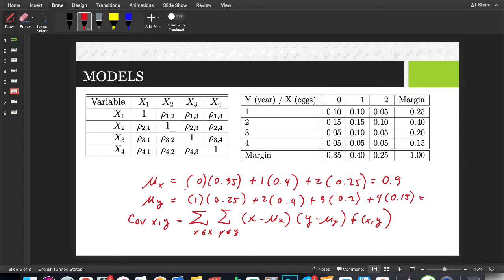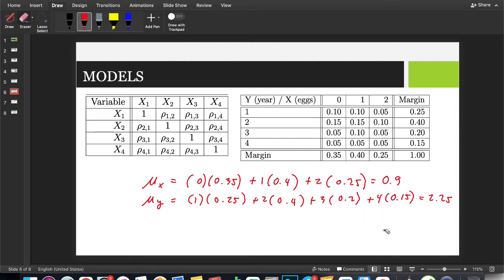So using your own calculator, you may verify this as 2.25. Okay, so that's basically how you calculate the marginal mean number of y.